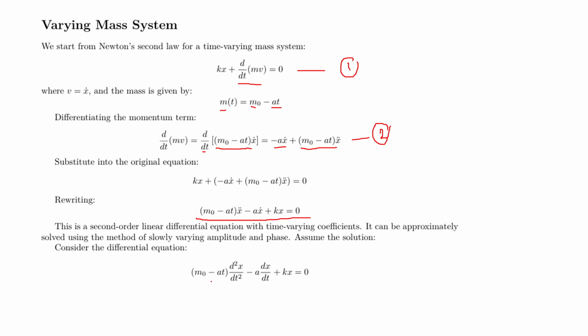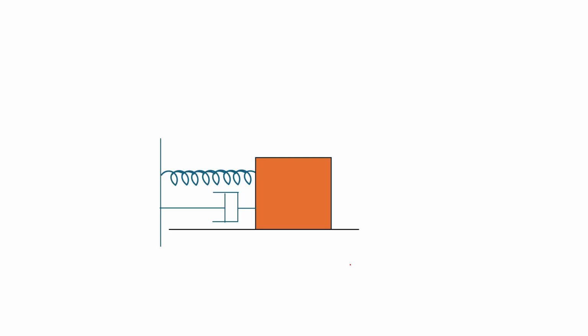In differential form it is (m0 minus at) d2x/dt2 minus a dx/dt plus kx equals 0. Now this is a very familiar form of equation which we use when we have a damper. For example, this is our spring mass system having mass m and spring constant k, and this is the damper having damping coefficient c.